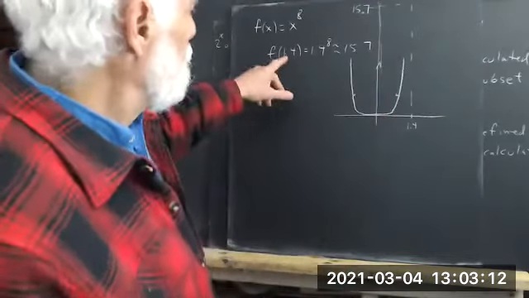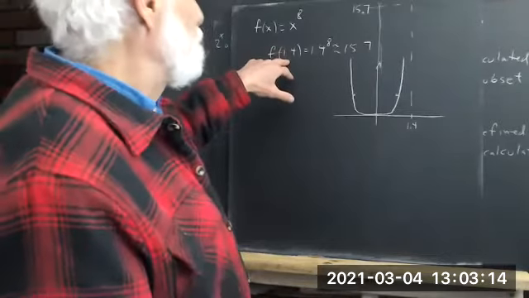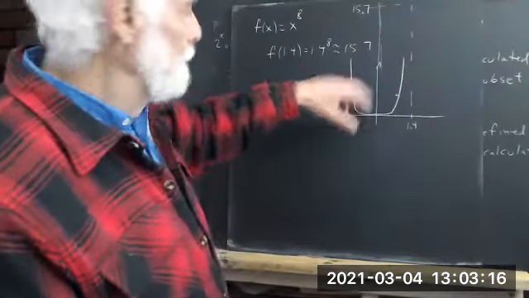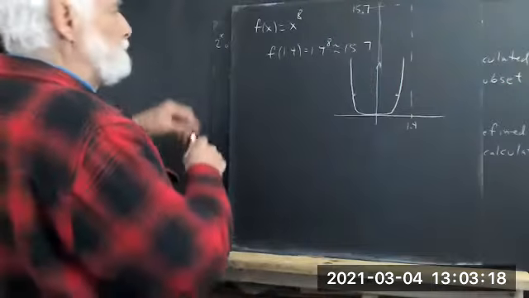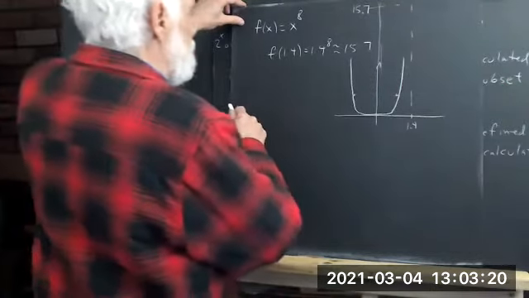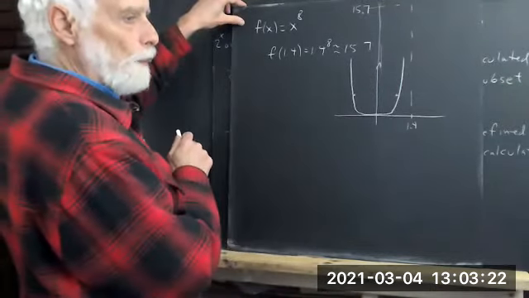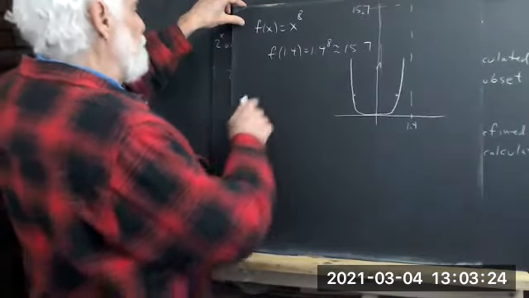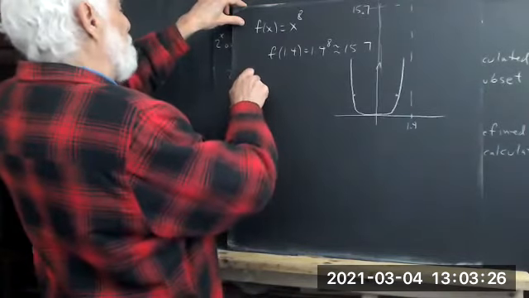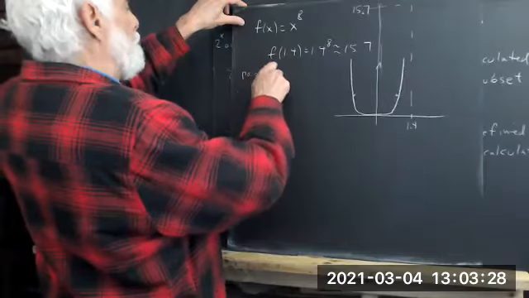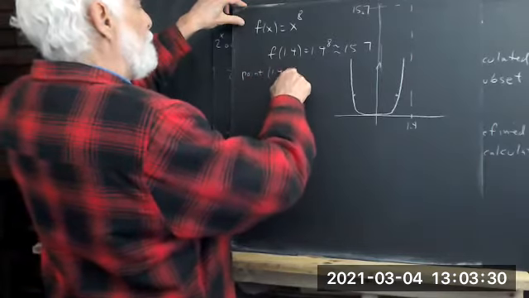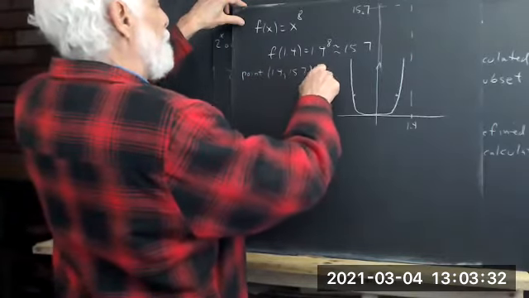And you should understand that if f of 1.4 equals some number, then the meaning for the graph is, you could say the point is on the graph.